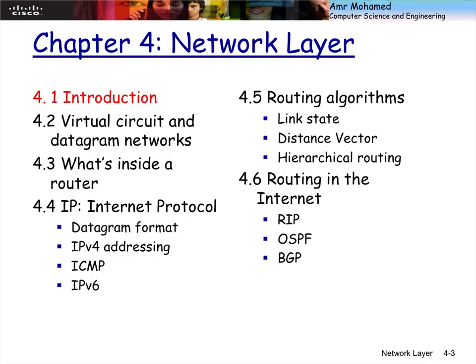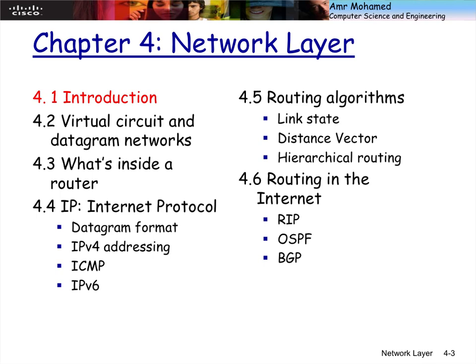A logical connection end-to-end can be divided into multiple virtual circuits in the network layer, which can be further subdivided into multiple physical circuits using the data link layer. We covered the difference just to have a complete understanding of the big picture.